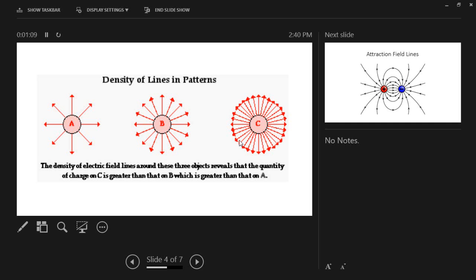So C is strongest, A is weakest. I know that because there are more lines here and they're closer together. You would feel the force greater on C than you would on A. So underneath your little charge drawings, you put in parentheses, if the lines are close, the force is greater.